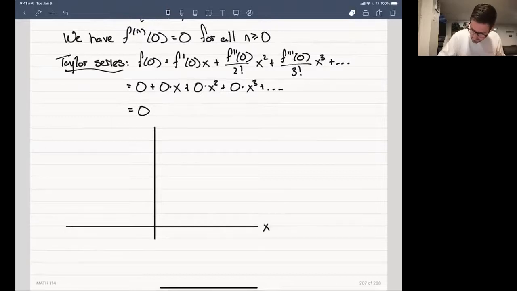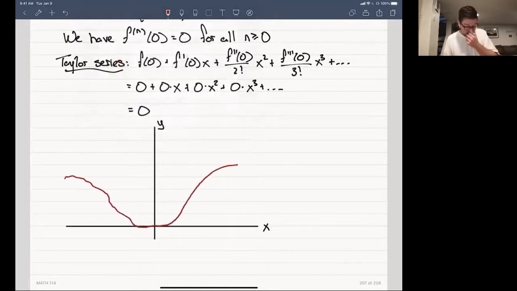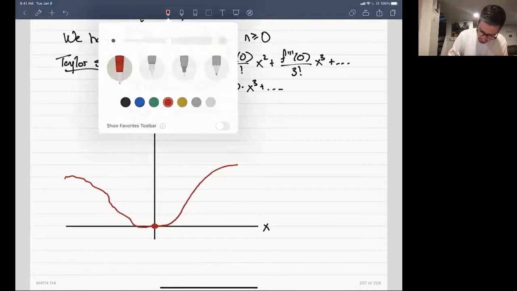If this is x and this is y, in fact, this function sort of looks... sorry, the left-hand side didn't look very pretty, but the point is, this thing looks very, very, very flat right around 0. So this is, let's say, y equal to f of x.